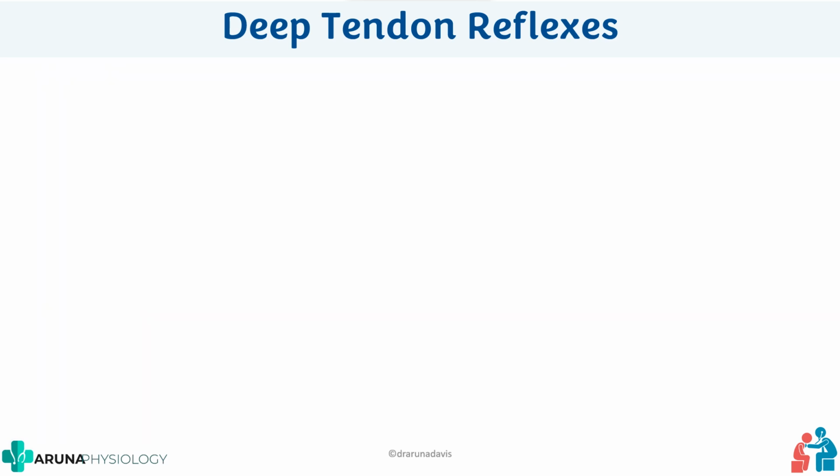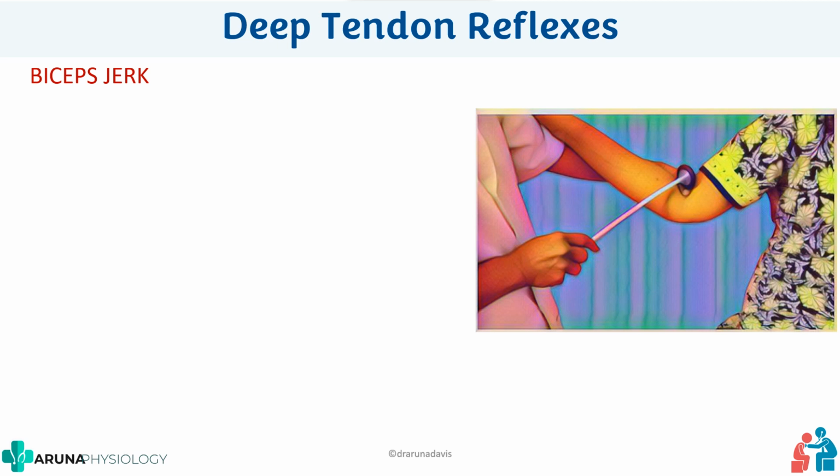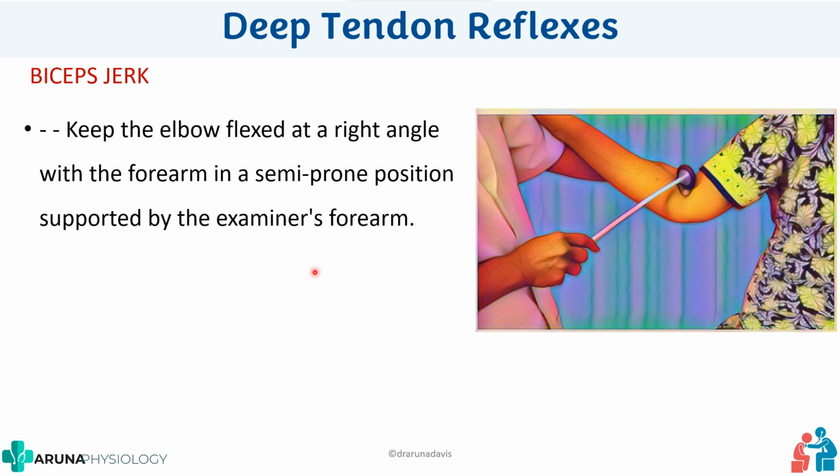The next jerk, which is a very important jerk, is the biceps jerk. So how do we elicit the biceps jerk? This biceps jerk is commonly kept as an auscultation also. In this case, you have to stand on the right side of the patient, and keep the elbow flexed at a right angle, with the forearm in a semi prone position.